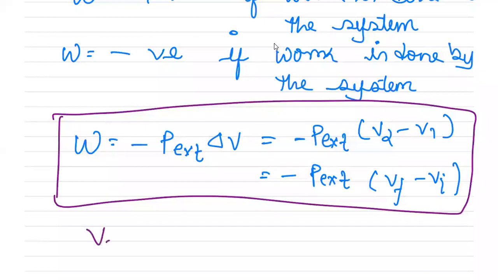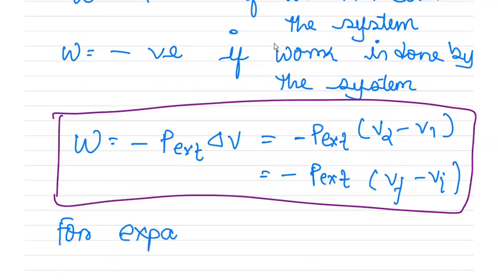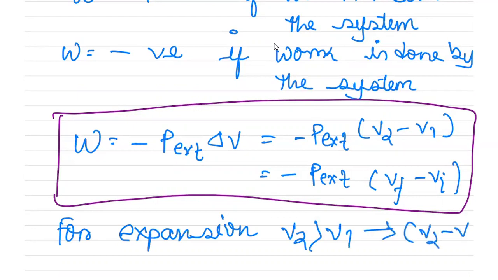For expansion, V2 is greater than V1, so V2 minus V1 becomes positive, and with the negative sign W will be negative.